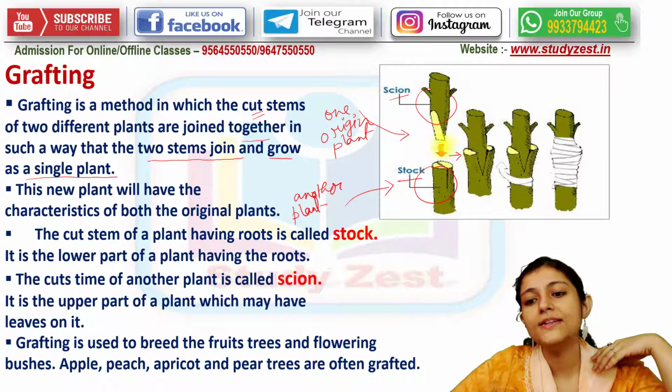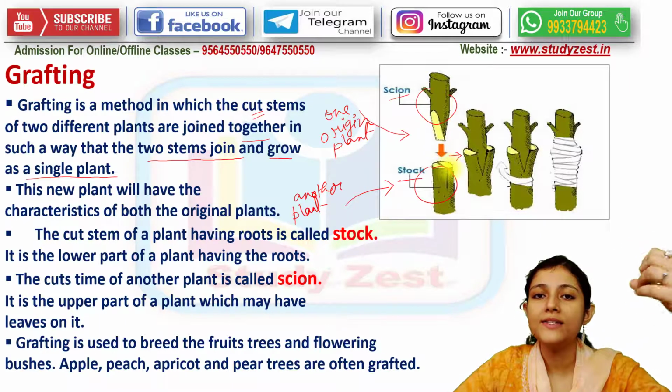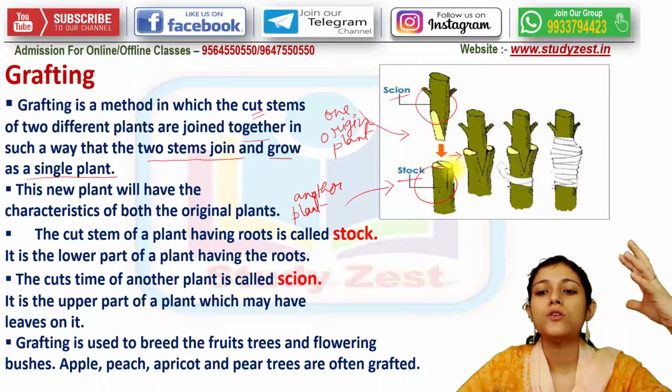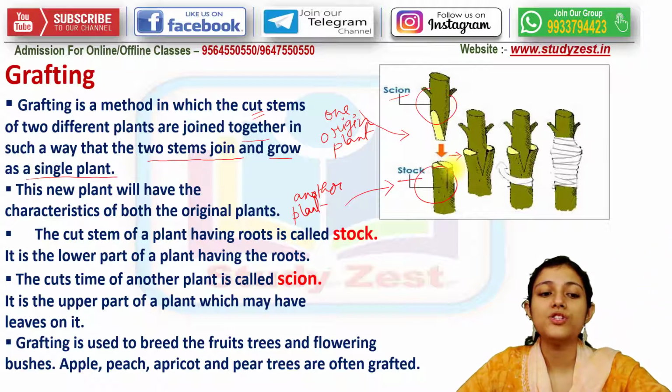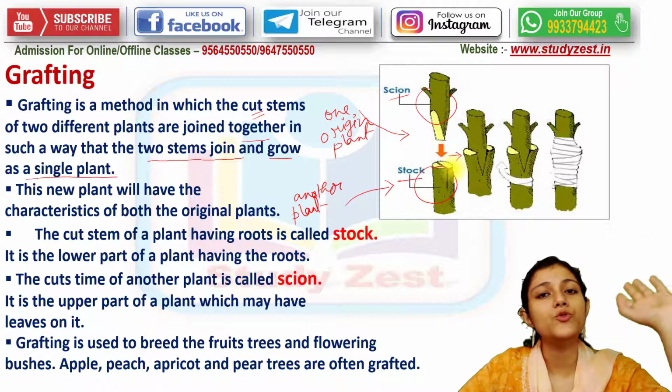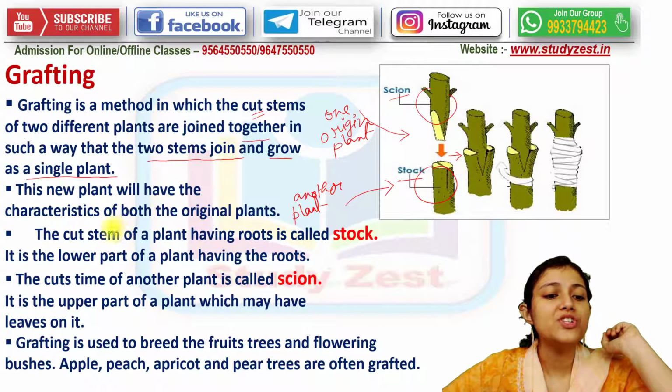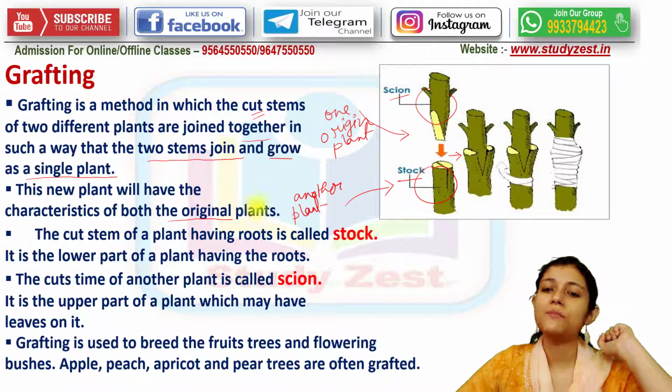Gradually, these two parts will be joined and they will be made in such a way that the combination will give rise to a single new plant. This new plant will have the characteristics of both the original plants.